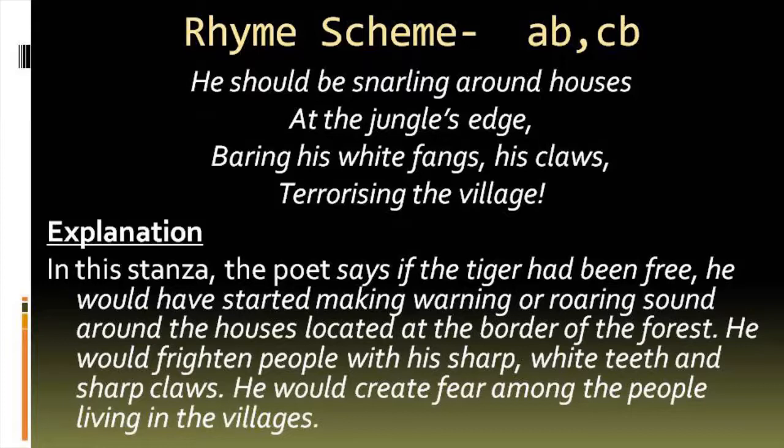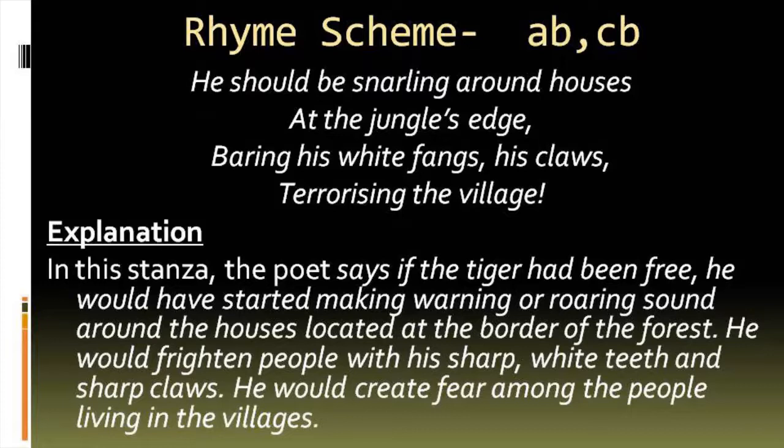Terrorizing, creating fear among the village, means the people living in the village at the edges of the jungle would be very frightened, afraid of the sound of the animal, with his white teeth and his claws. So these things will create fear among the people. The exclamatory is very shocking, very terrorizing, and people would be very much afraid.